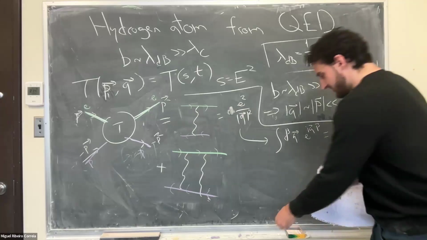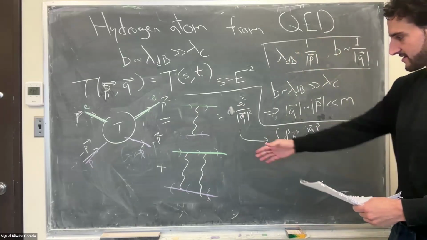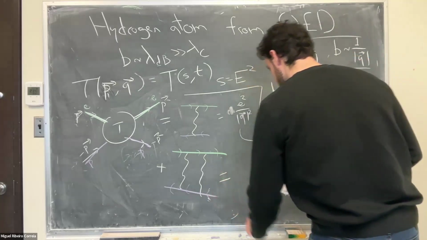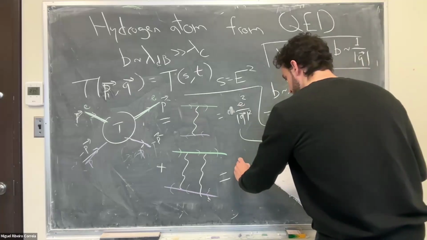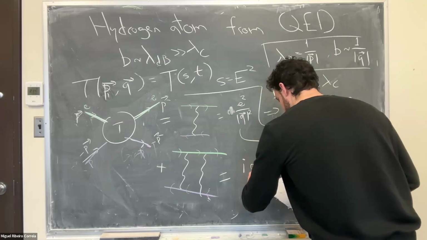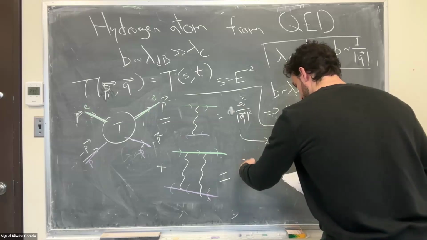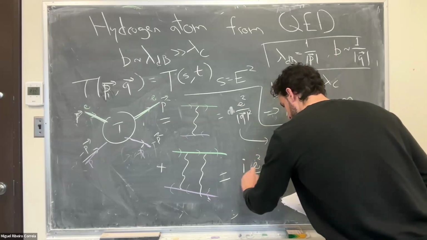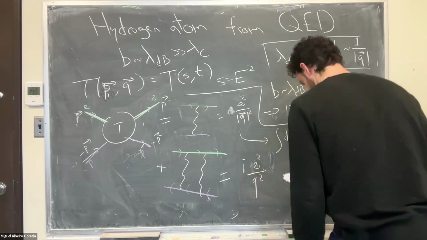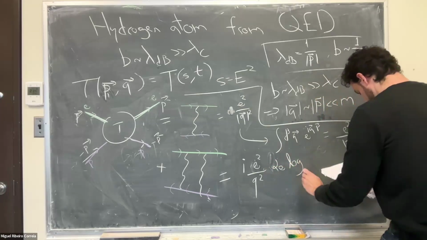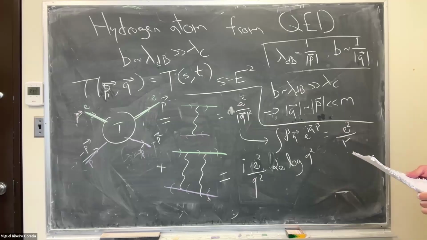Now, if you compute this diagram in this regime, which is not very hard, it's a loop diagram but in this regime it becomes simple, you get something like this. I can write the answer in terms of alpha_E: e squared over Q squared, times alpha_E, and then some logarithm, log of Q squared.